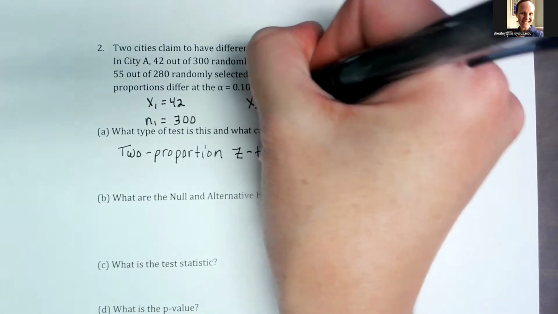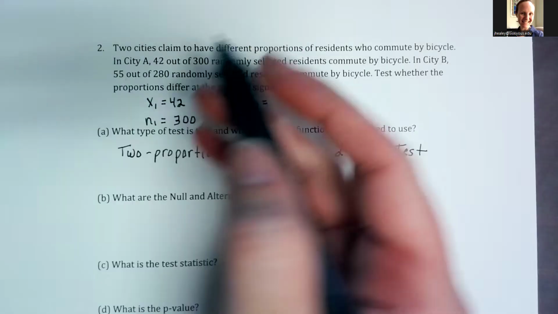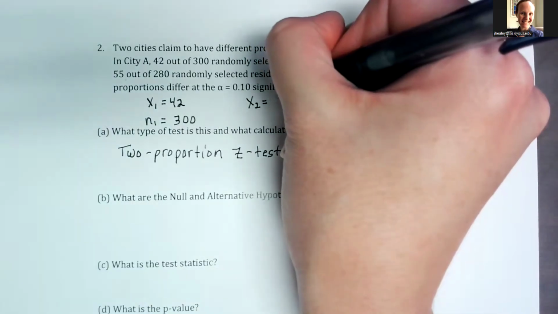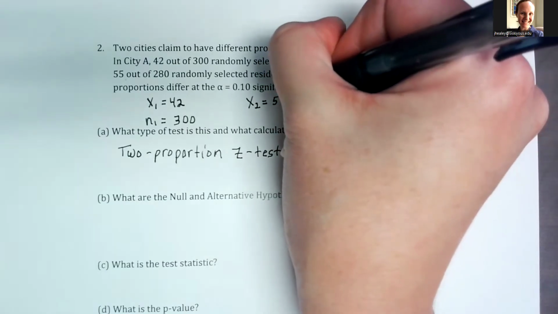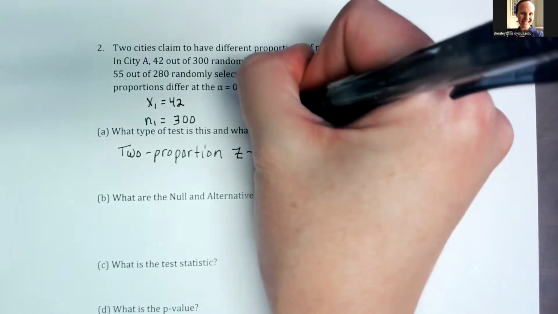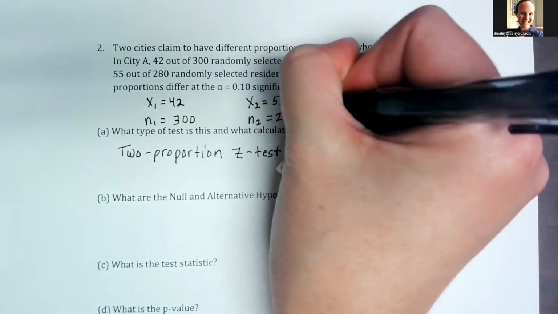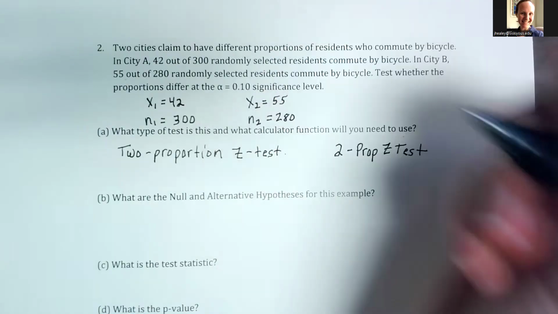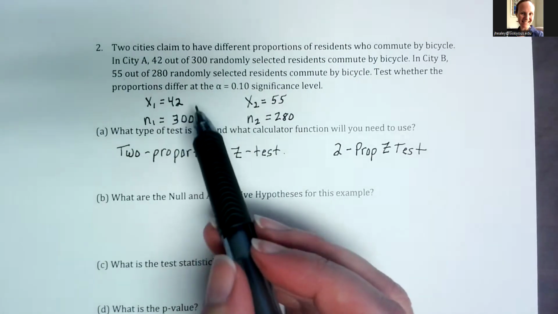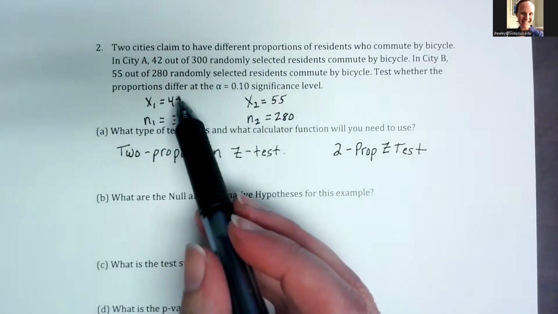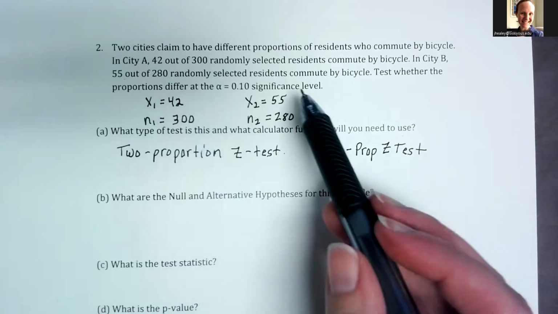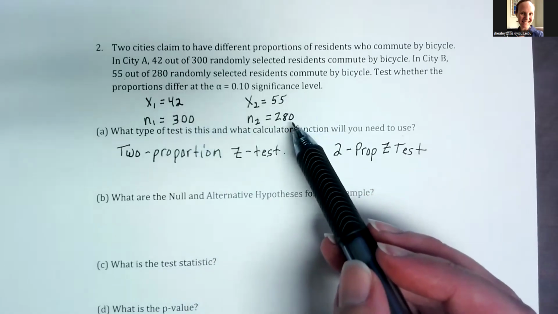In our second scenario, they gave us 55 out of 280. So our X2 is 55 and our N2 is 280. And so your proportion, you're going to have a P1 that's 42 over 300, and you're going to have a P2 that's 55 over 280.